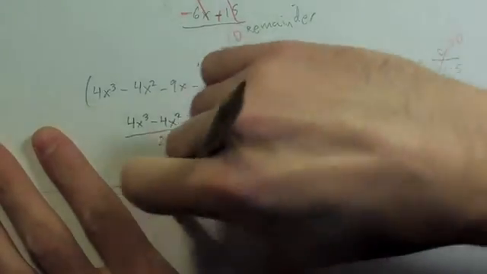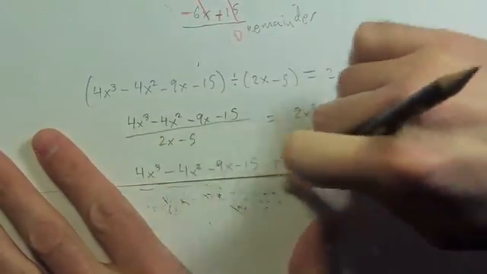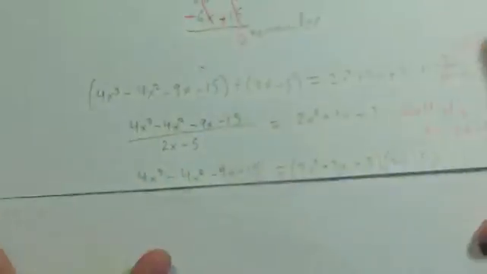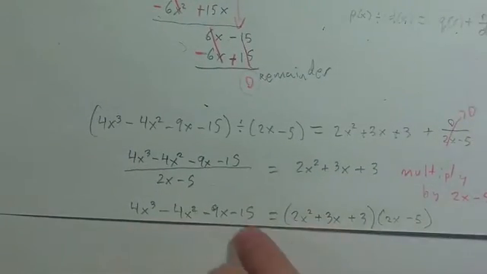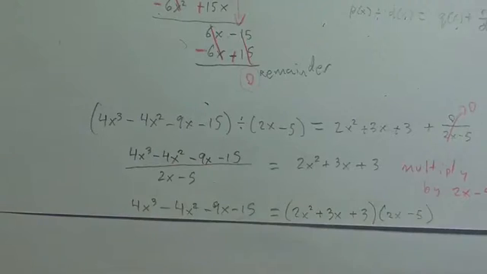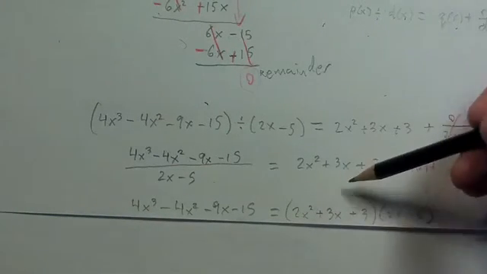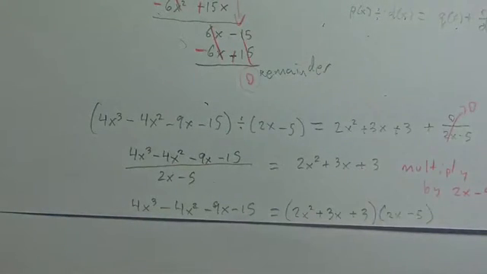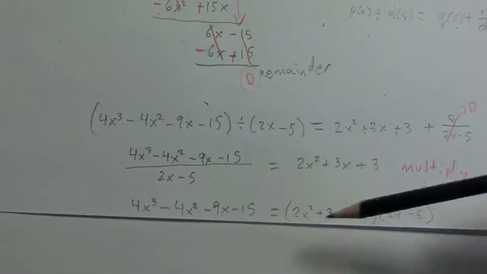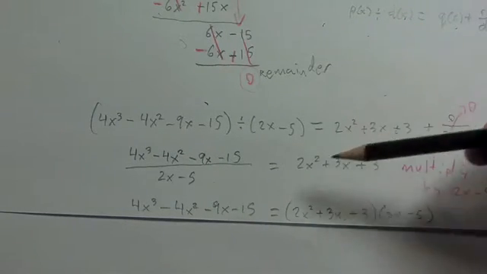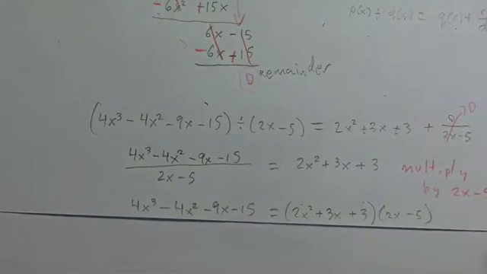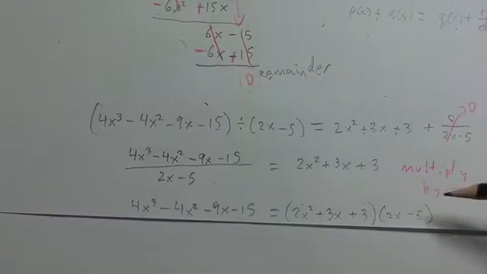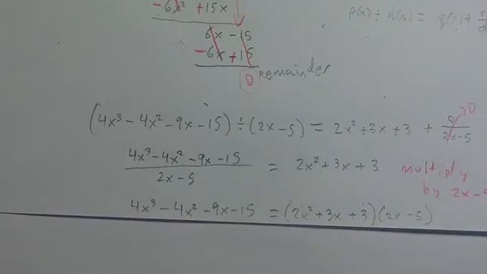But what we were able to do through long division, since we got a remainder of 0, we got a nice factored form here. And then we might be able to factor this a step further, or maybe not. This might be prime. If we remember our AC method, a times c is 6, we would need factors of 6 that would sum up to be 3 for that to be able to factor.